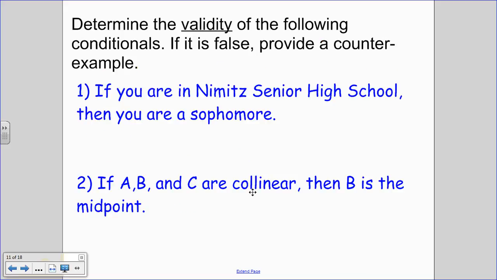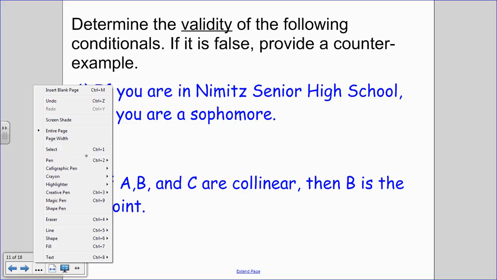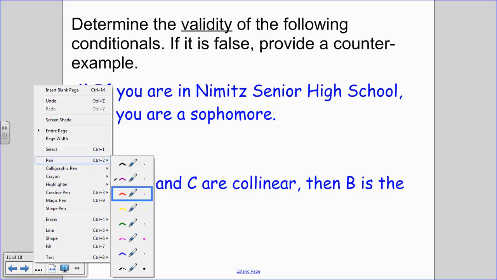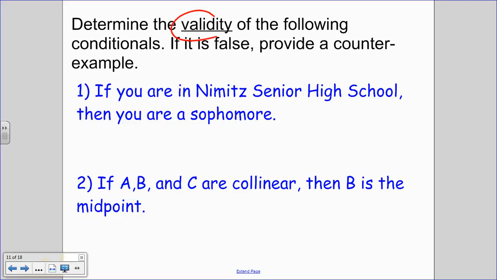These next set of questions would like for us to determine the validity of these conditionals, and if it is false, provide a counterexample. So when it says determine validity, that means, is the statement true or is the statement false? And again, if it's false, you've got to give an example or a reason why it's false, and that's a counterexample.